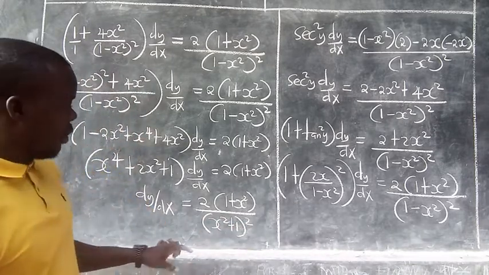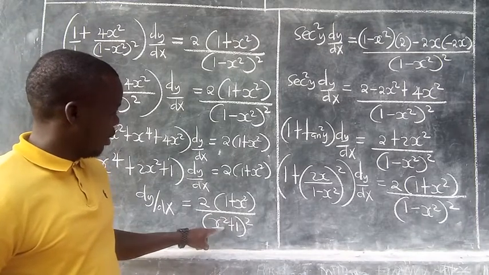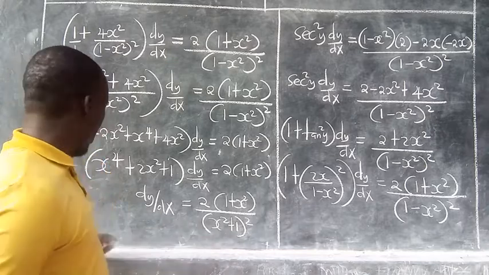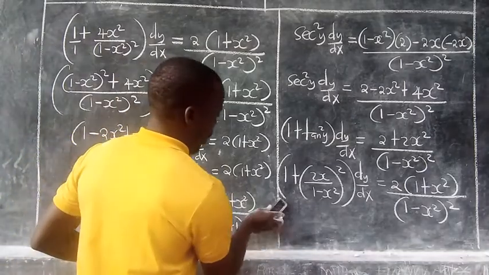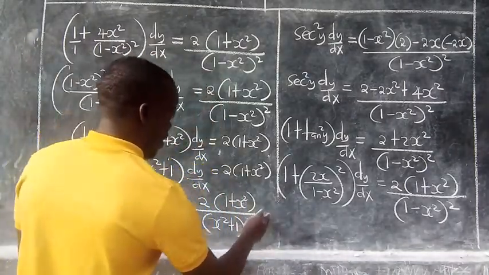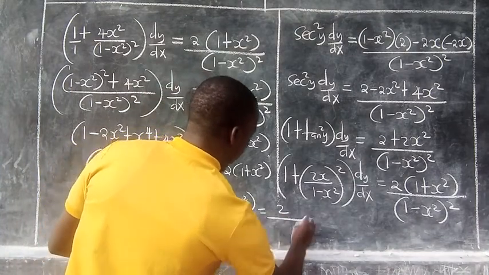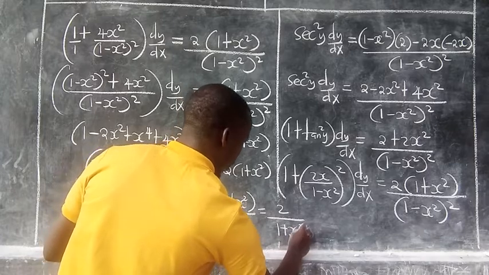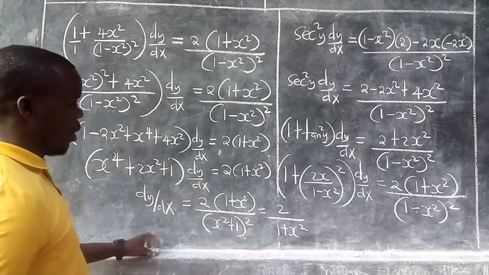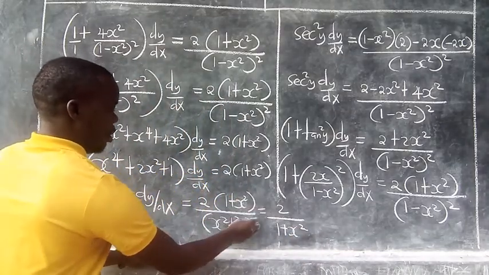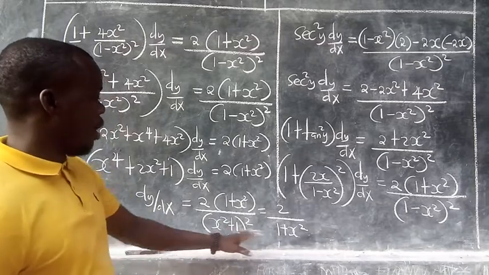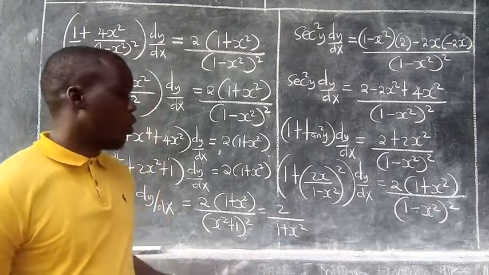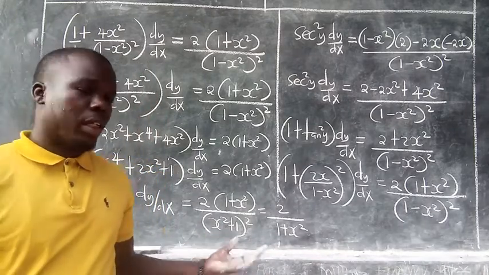So if you look at this critically, this and this are actually the same. So I can use the idea of indices to simplify this so that I come up with 2 out of 1 plus x squared. Why? Because this reduces this power by 1. And this becomes the answer they wanted from us. And it was a proof. So that is how we can do it easily.